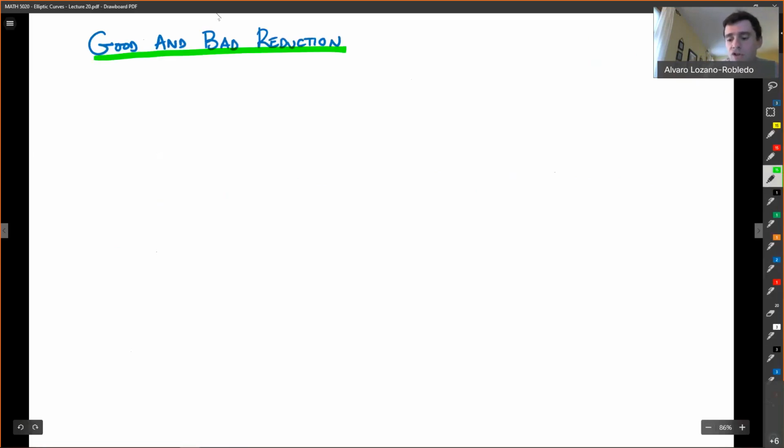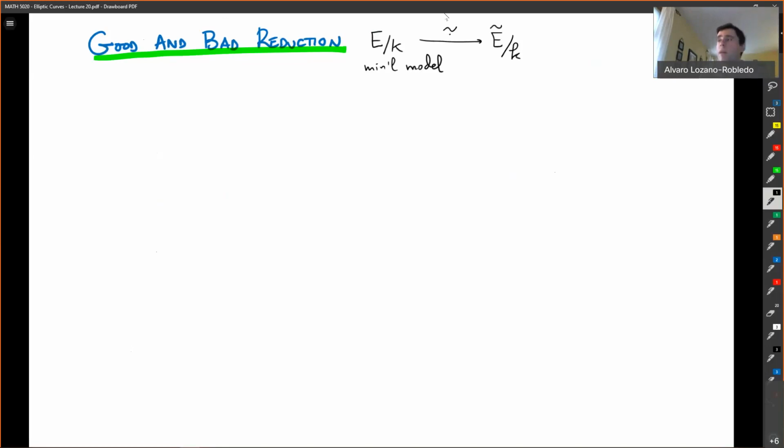So I just defined a moment ago what good means. We've been talking about it all the time. So remember that we have an elliptic curve over a local field given by a minimum model. We can always pick a minimum model, and then reduction sends us to a curve over the residue field, and the different types of things that can happen are the following.